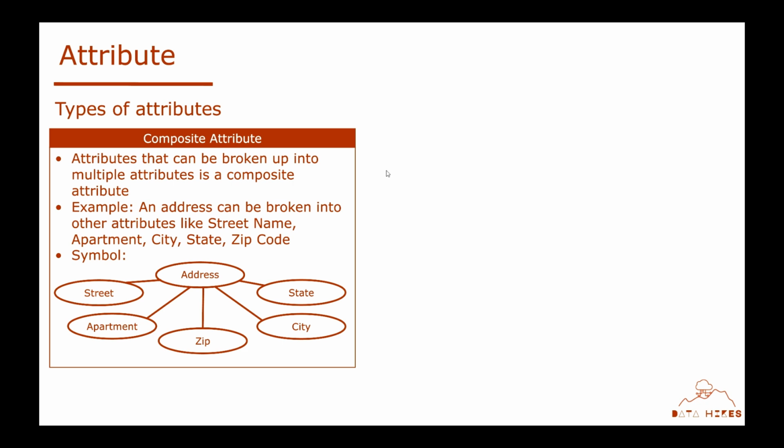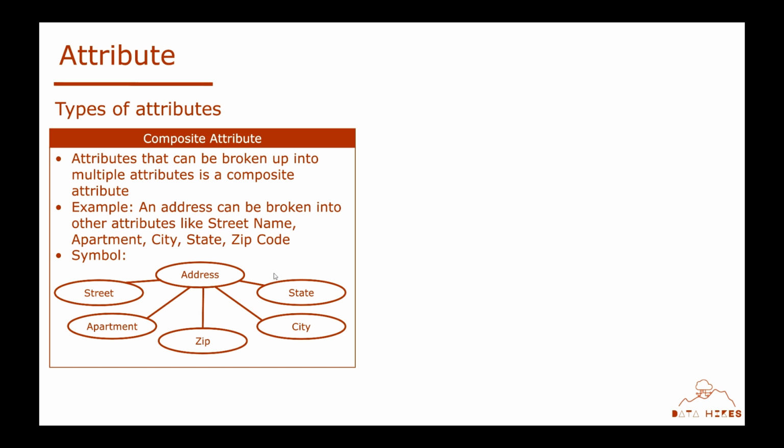The next type is composite attributes. Attributes that can be broken up into multiple attributes are called composite attributes. An example is an address. An address by itself means something. It has meaning. It can help describe some geographical location. But the address can further be broken down into multiple smaller attributes like street, apartment, zip, city, and state.